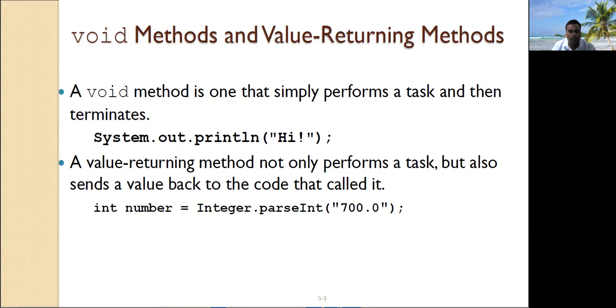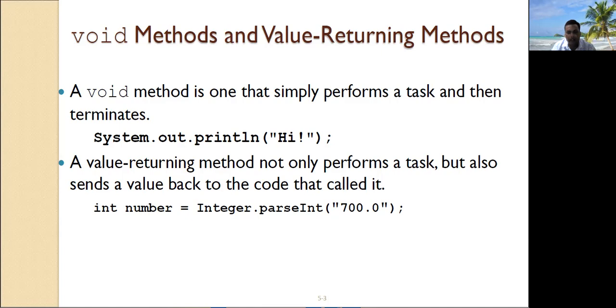Then a method which has a return type and which returns a value to a calling program or calling method is called a value returning method. Here in this example, Integer.parseInt, parseInt is a method and Integer is a class.